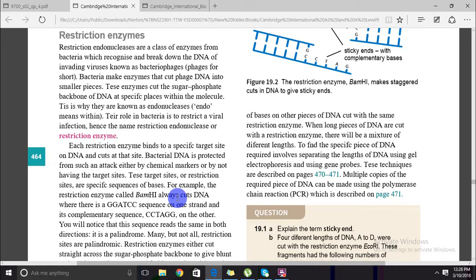And the word other is important for this definition: on other pieces of DNA cut with the same restriction enzyme. Now this is important.